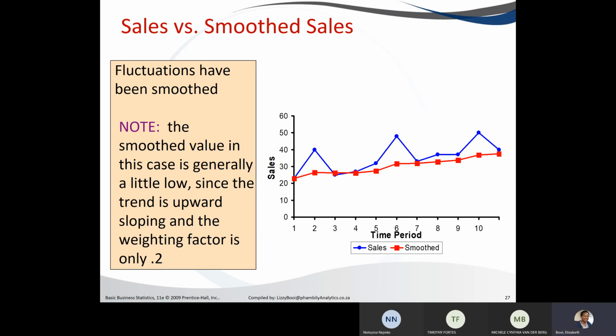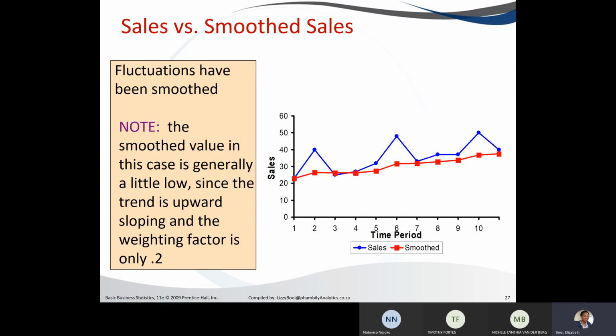And by looking at the data, remember, the blue one represents our actual data, and the red one will represent your smoothing data, your smooth data. And if you notice, you will see that there is little or no fluctuation there, and the data is more smooth because we used a smaller weighting.